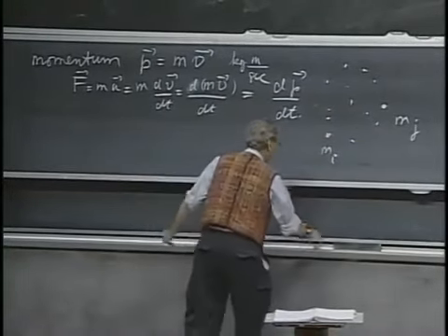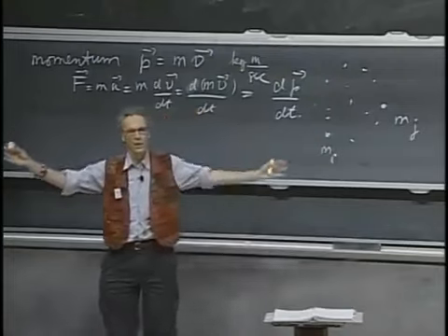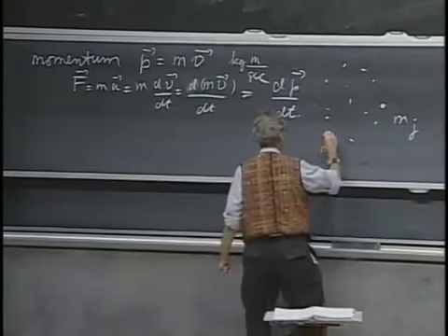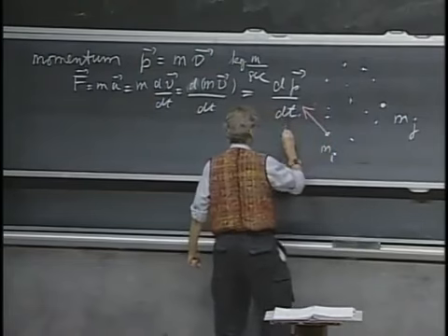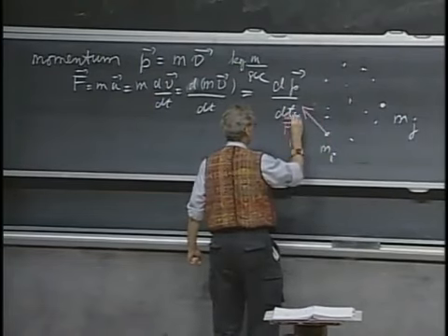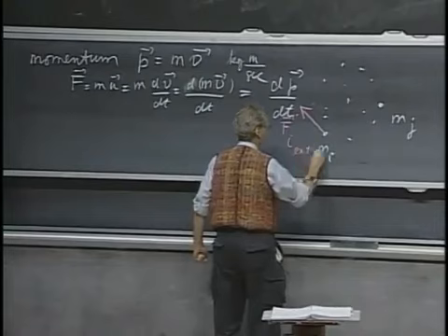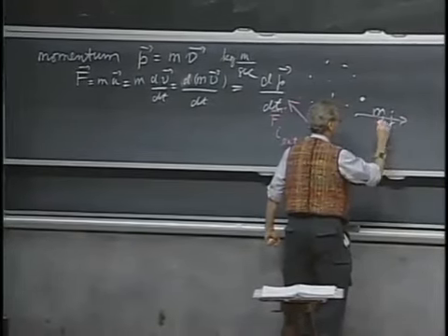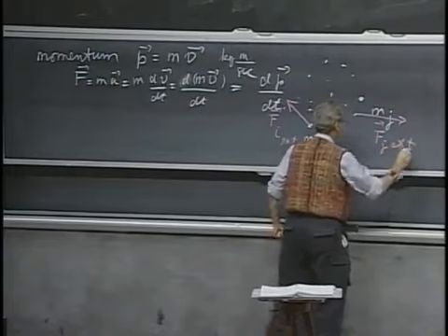And there is an external force on them, because they happen to be exposed to forces from the outside world. And so on this one is a force Fi external, and on this one is Fj external.